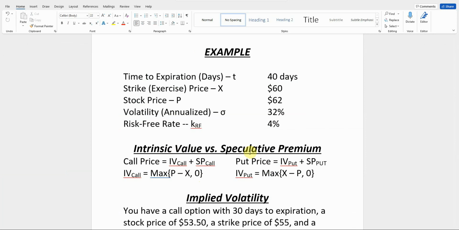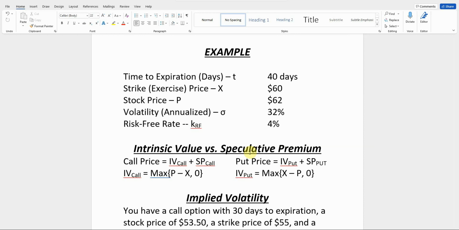And remember, because an option is the right, but not the obligation, that's an important step in an option. You have the right to buy or sell the underlying, but you're not obligated to. If it's not in your best interest to do it, you throw it away and let it expire worthless. So the intrinsic value can never have a negative value. Worst case, it's 0. Otherwise, it's going to be positive.